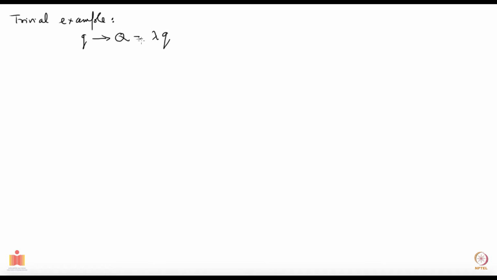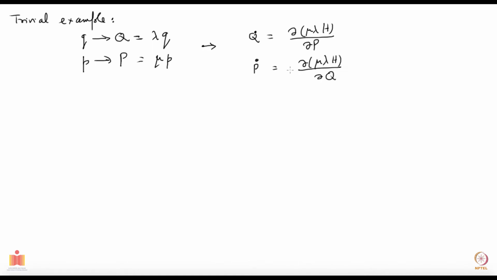So I'm scaling q by lambda, Q equals lambda q, and scaling small p by some mu, P equals mu p. If I plug these new coordinates into the equations of motion, you will see immediately that Q dot is del of lambda mu H over del P, and P dot is del of lambda mu H over del Q, with a minus sign also, which means that under this transformation your H prime is lambda mu times H. Then you see that these are the canonical equations of motion.